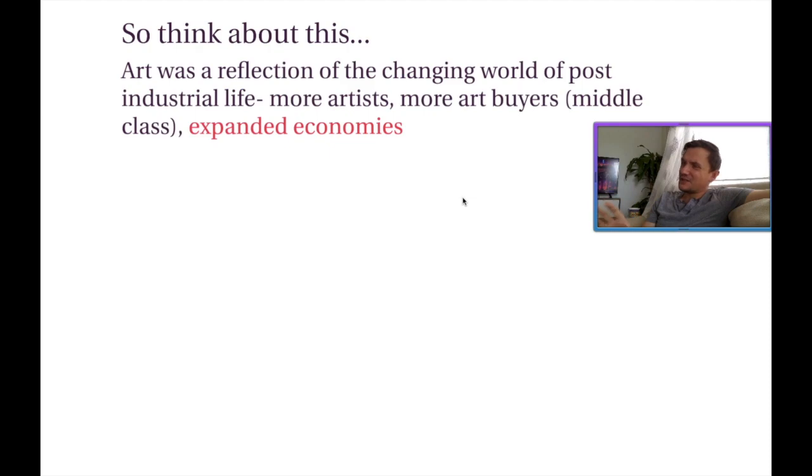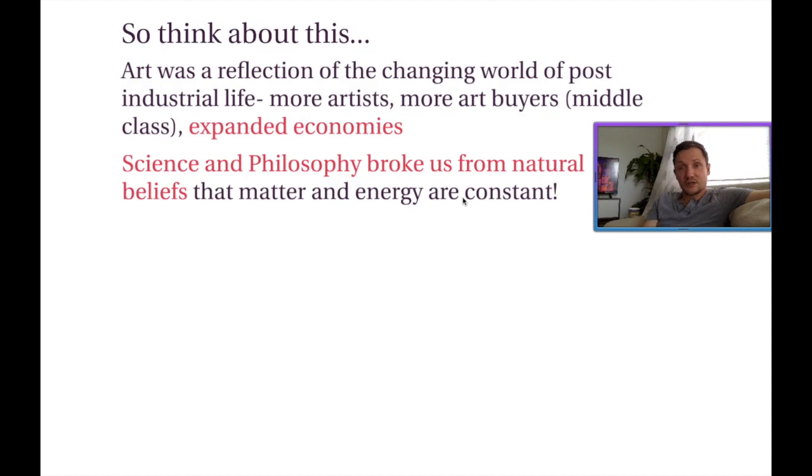You've got family structure changing because you don't need to have a buttload of kids anymore to help you work on a feudal era farm. You need a few kids now because you don't want to feed all those mouths anymore, because industrialism has changed everything. But it is growing economies and making countries fabulously, fabulously wealthy, okay? So as you can see, art is a reflection of that growth in industrial economics.